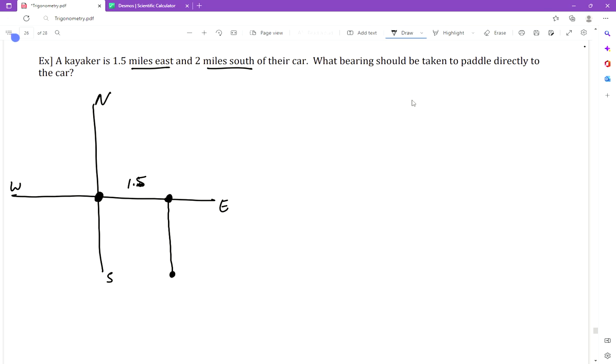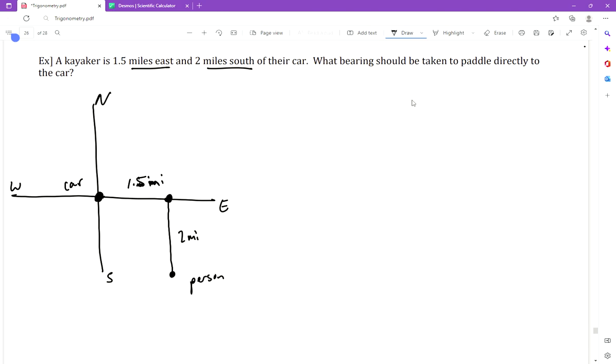South, here's 2 miles. Okay, 1.5 miles east and then 2 miles south of their car. So this is their car. This is the person. So that's the car, 1.5 miles east and then 2 miles south of their car.